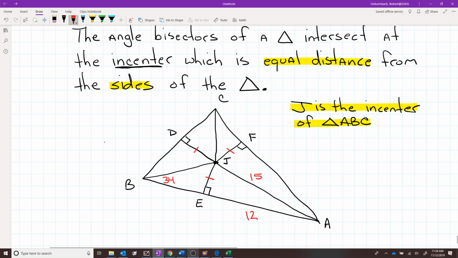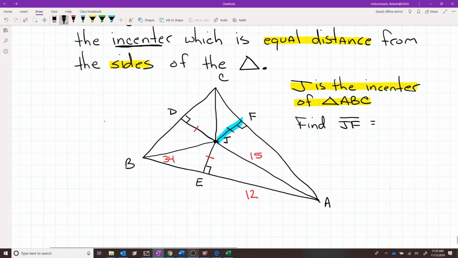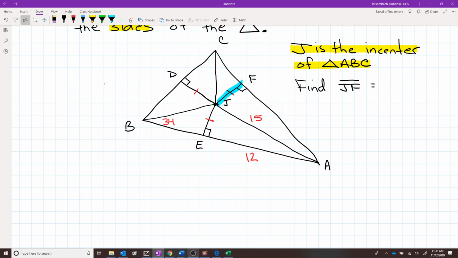What you're asked to do in this problem is find the length of segment JF. So you're looking for this segment right here. It's the side of a right triangle. But in that portion of the problem, you're only given the hypotenuse of that right triangle.